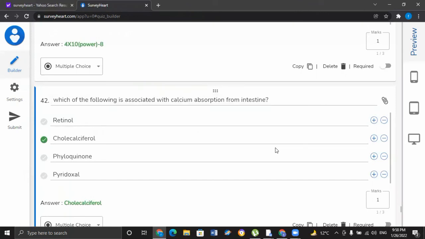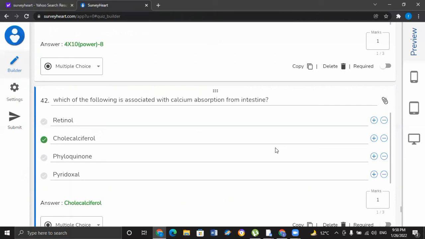हाँ जी, which of the following is associated with calcium absorption from intestine? So vitamin D, cholecalciferol, is actually responsible for calcium absorption from intestine.